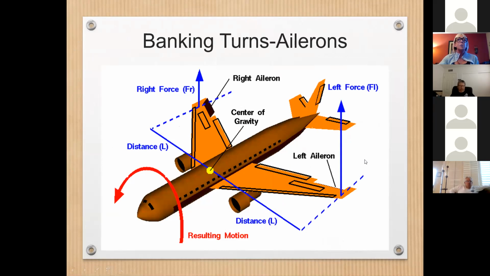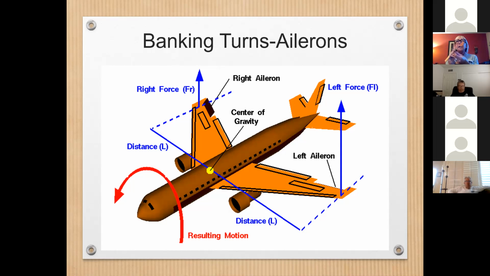Okay, so banking turns. We have this elevator, or I'm sorry, this aileron is down. So once again, this is the way they have it. They have the left aileron down and the right aileron up. So the right aileron now is creating drag, and the left aileron, because it's down, is creating lift.